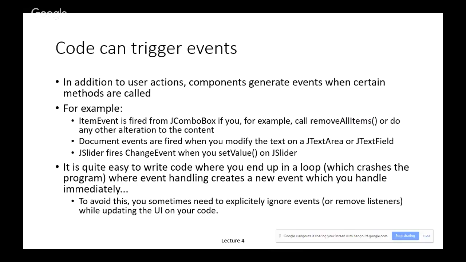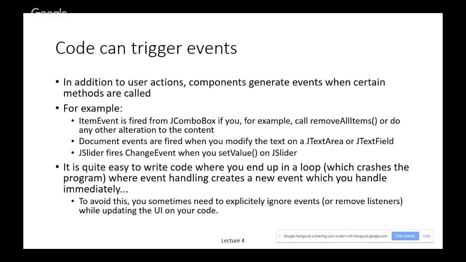So you should somehow know whether this call comes from the user or from your own code. And of course, it's easiest to handle it so that whenever you're doing things in your code which trigger events, you keep that information up to date so that your own code can avoid doing things.